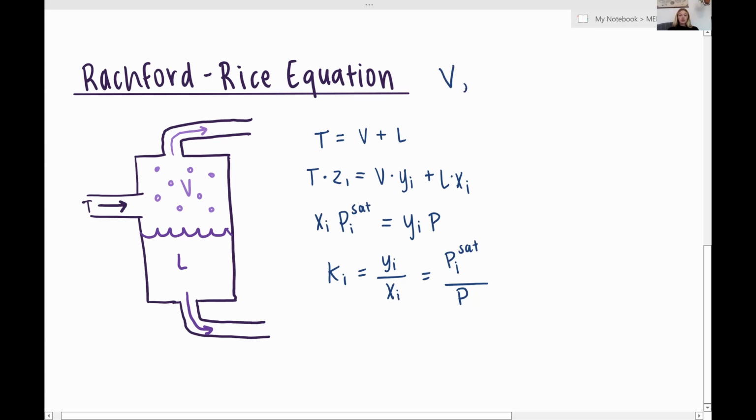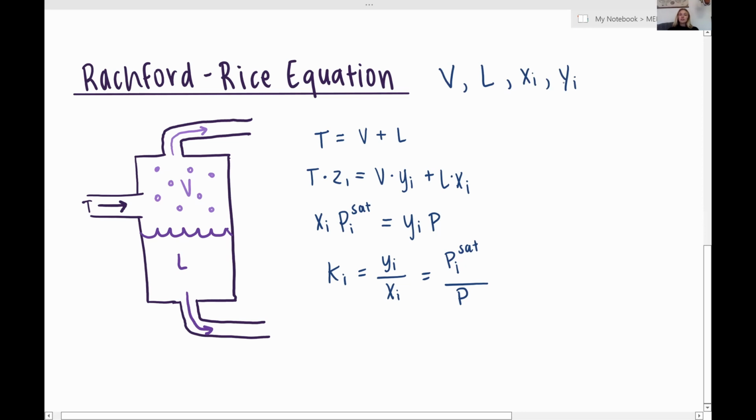And we also want to know the amount of moles in our liquid phase, and the composition of our mixtures in each of these phases. So that's just going to be our Xi and our Yi.